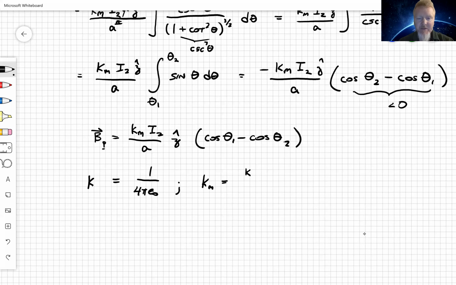It's really just K, but divided by c squared, where c squared is light speed squared.